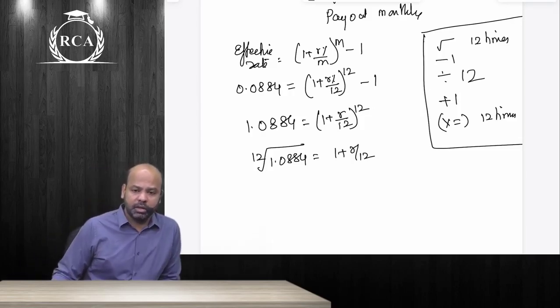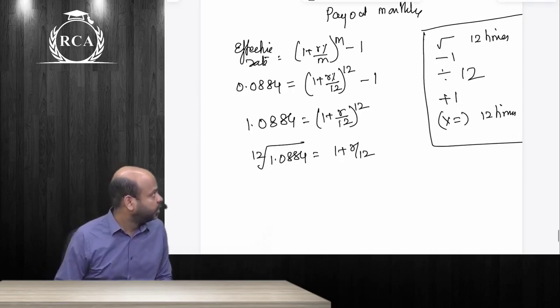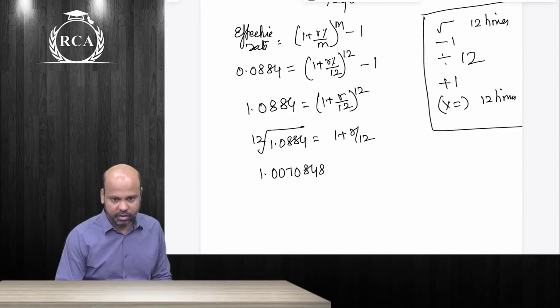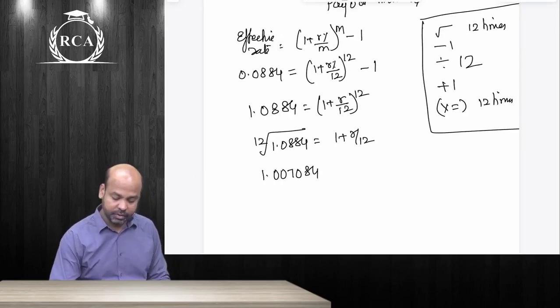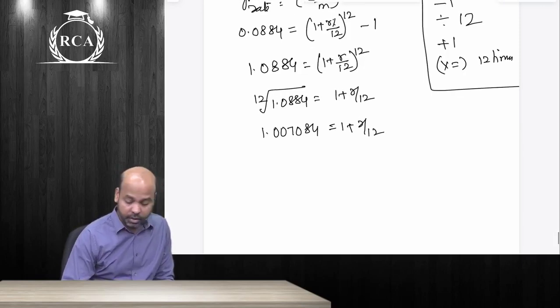Once you do that, beta, tell me what is the value that you're getting. 1.0070884. This is equal to 1 plus r by 12. Did you get this? 1.0070884, guys. You bring that 1 here, beta, and minus 1 will happen, so that will become 0.0070884. This is equal to r by 12.